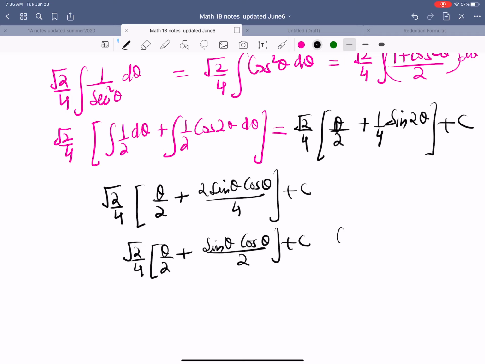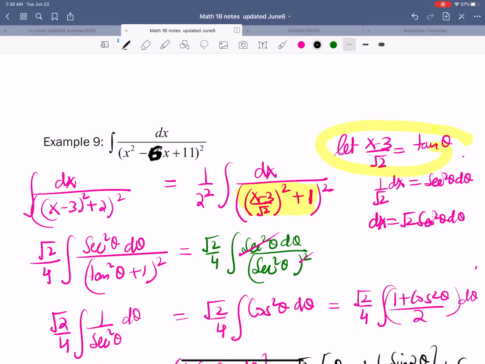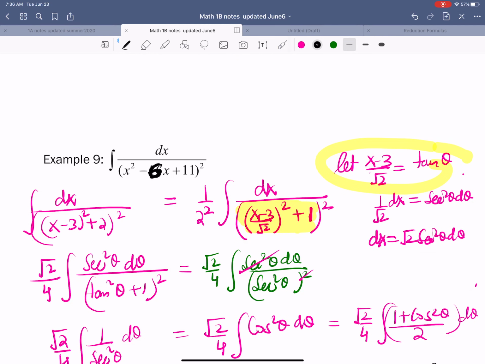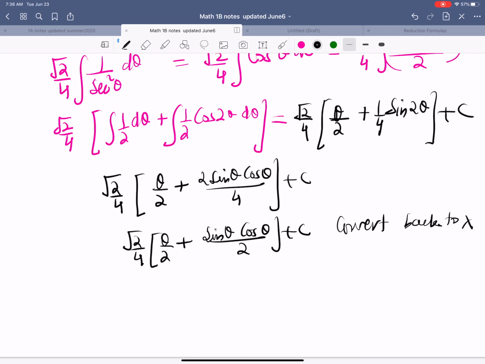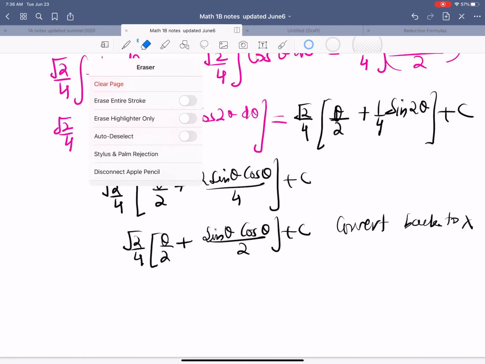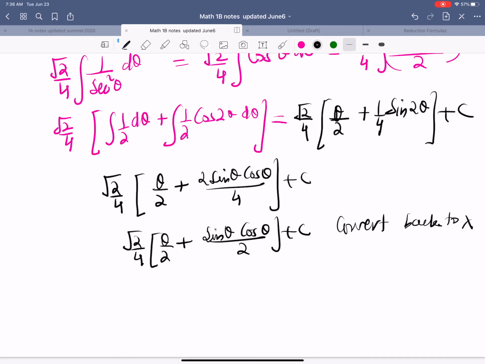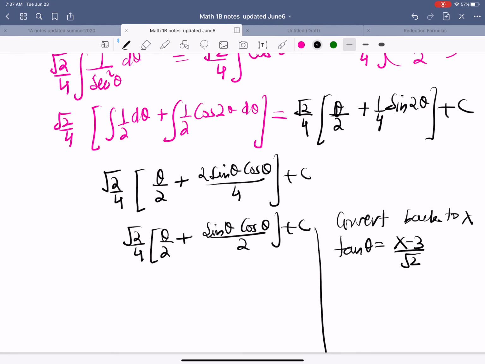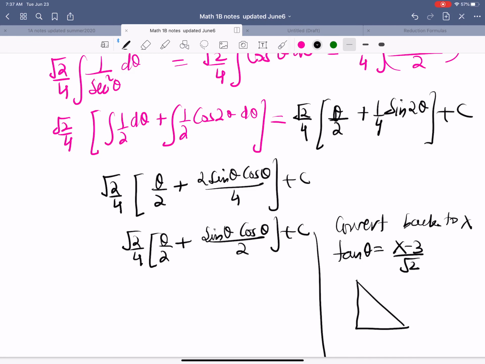Now we are going to convert back to x. So let's see, what did we call tangent theta in the beginning? Tangent theta was x minus 3 over root 2, right? So draw your right triangle now.